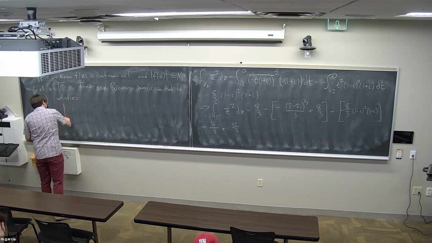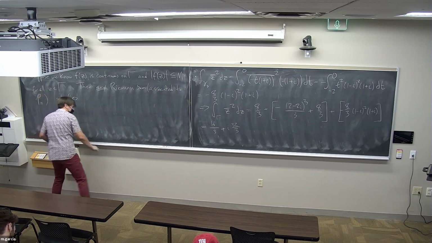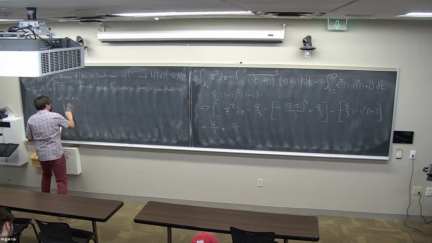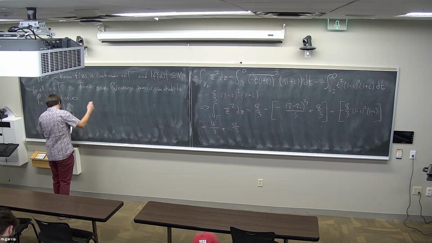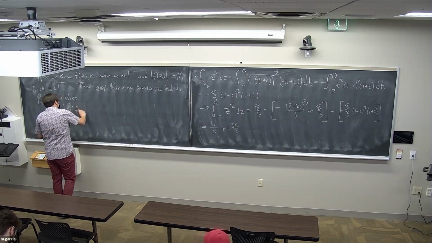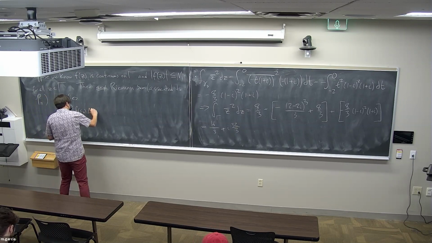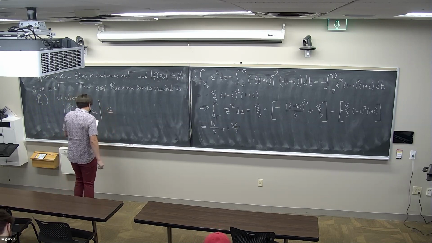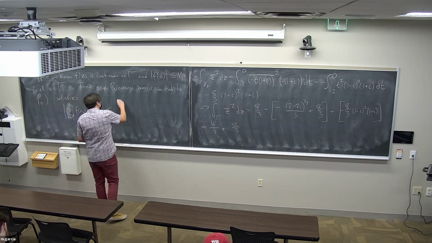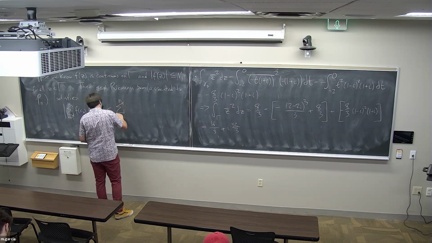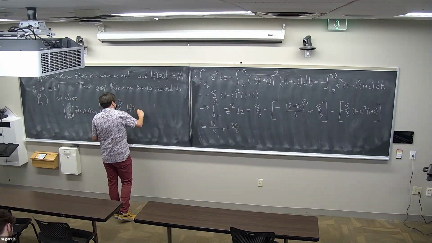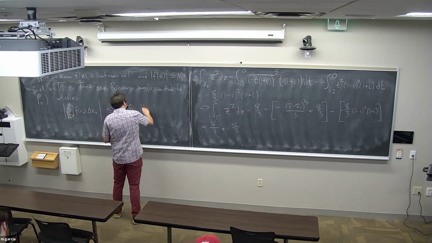Now if I take the modulus of my Riemann sum corresponding to partition Pn, then what I know is that this is less than or equal to the sum of the moduli of the summands.